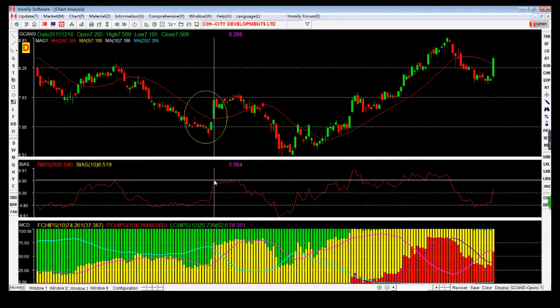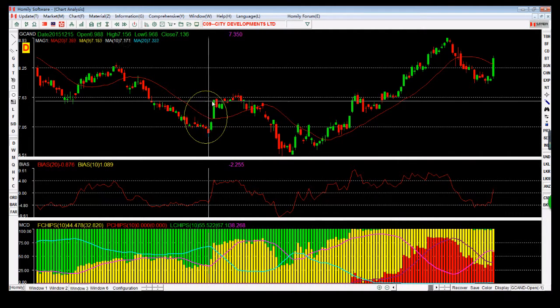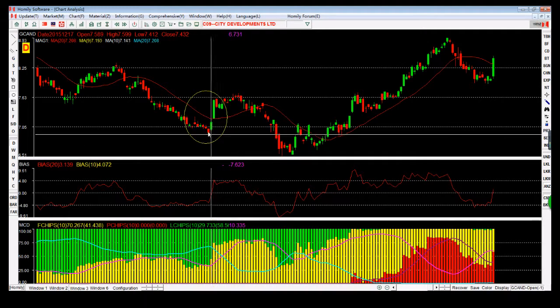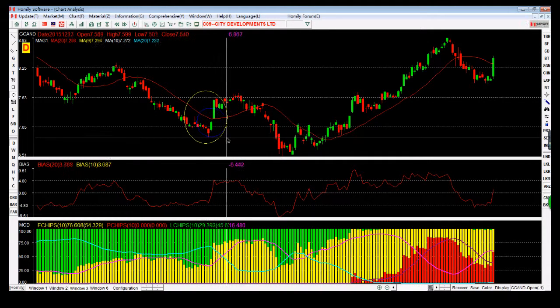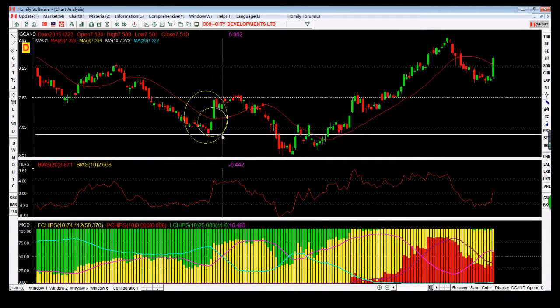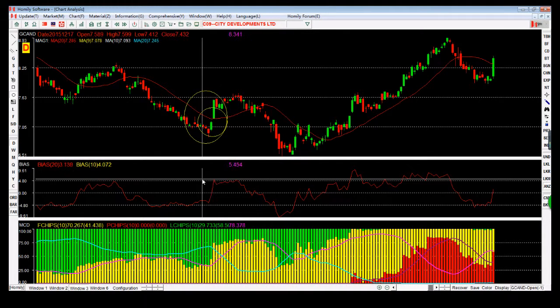But this is the only buy signal in the downtrend channel. Therefore, buying at this point is more dangerous. If you are not a professional, do not try to buy at this point. Even the bias is very high.